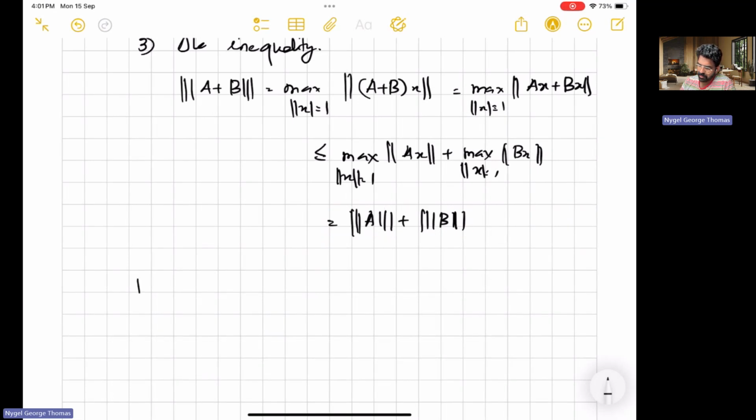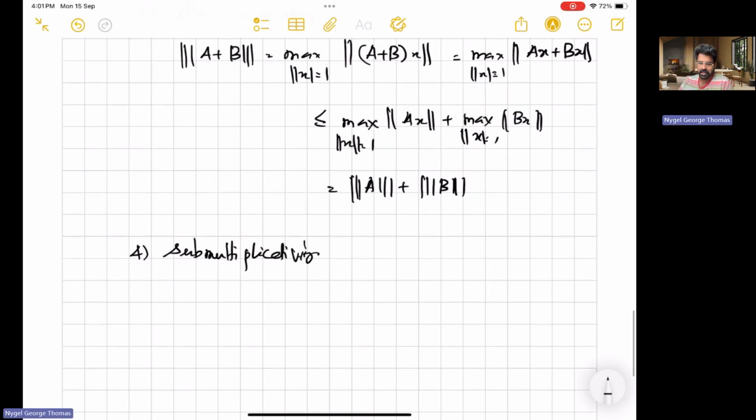Now we have to prove submultiplicativity, which is slightly more tricky, though not too much. We use an alternate definition to prove this. This is the matrix norm of the product AB.